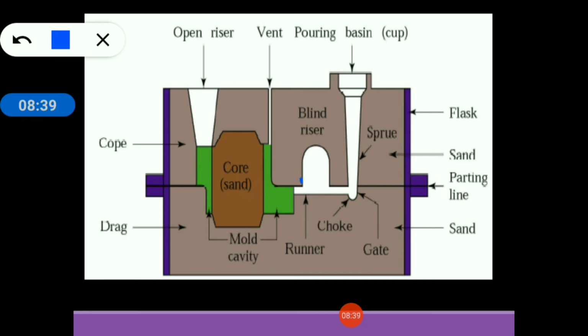See, this small portion or region is called the gate. This is the gate, not this one, this one.